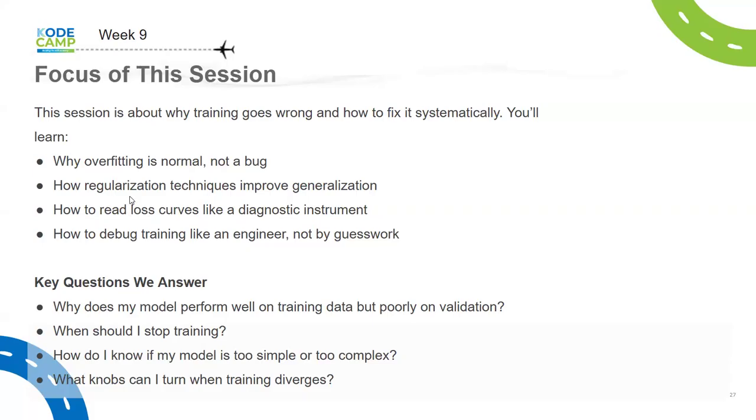Overfitting is normal, it's not a bug. Overfitting just means that your model is able to track all the nuances in your data. Regularization is a technique that you would use to minimize overfitting, reduce it significantly, and improve generalization. Of course, overfitting and generalization are opposites.